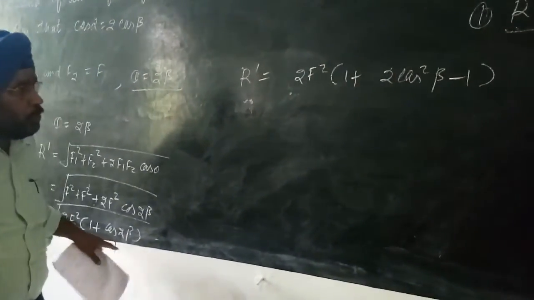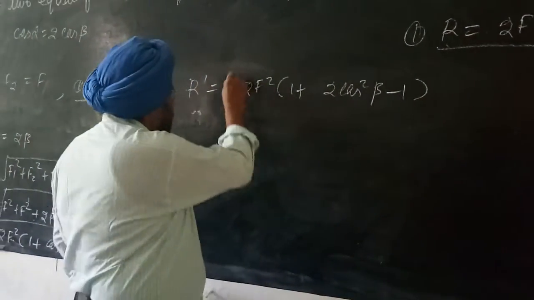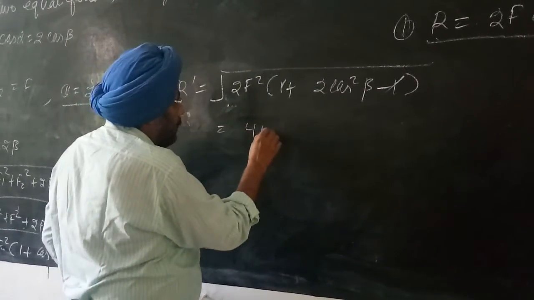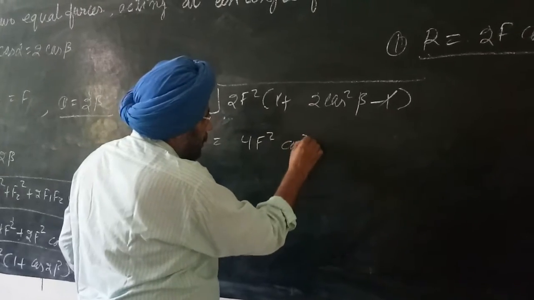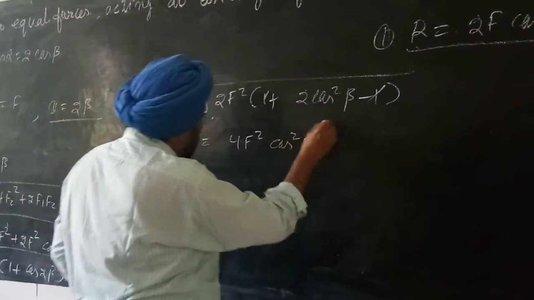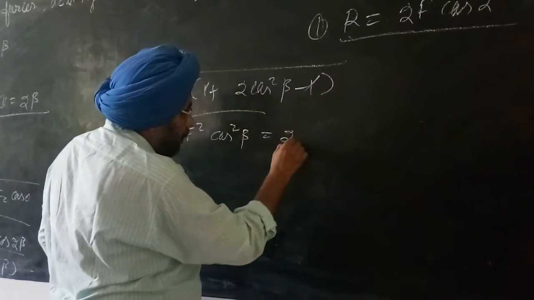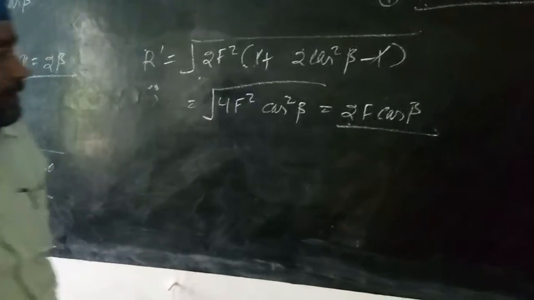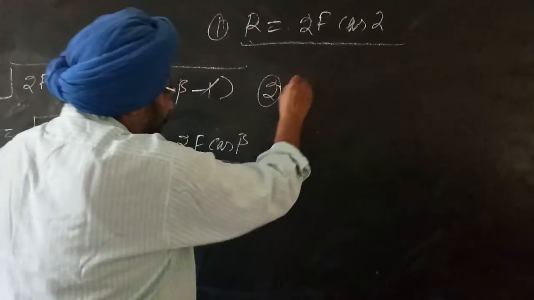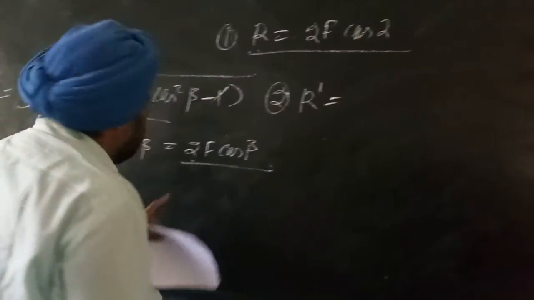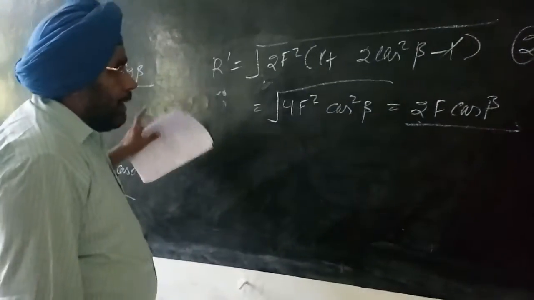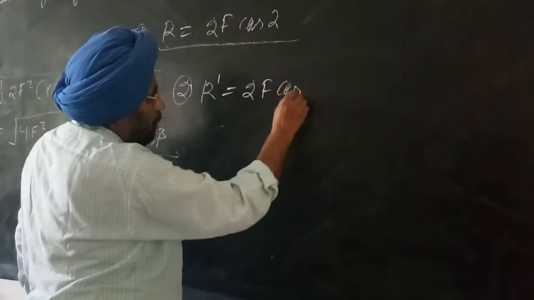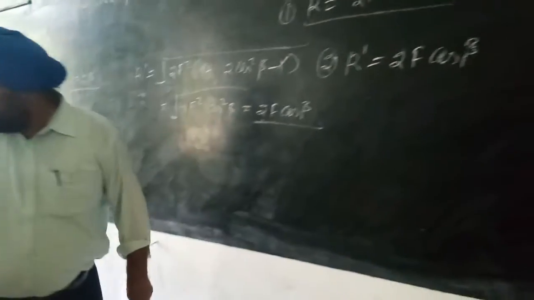So this is equal to square root of 4F square cos square beta, which is equal to 2F cos beta. So R dash, the resultant when the angle between the two forces is 2 beta, is equal to 2F cos beta.